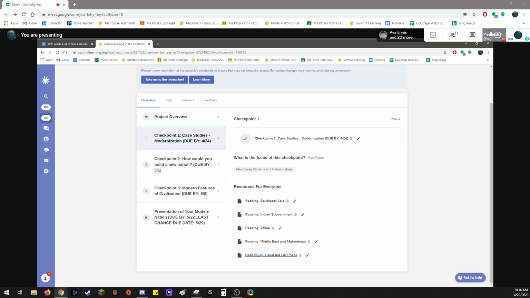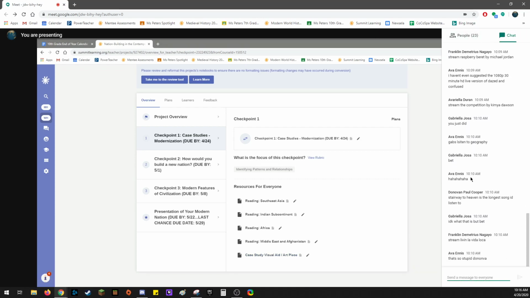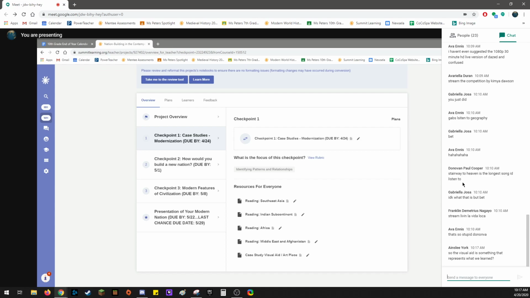Are there any questions about checkpoint one specifically, or any other part of the project at this point in time? Okay, I'm not seeing anything.